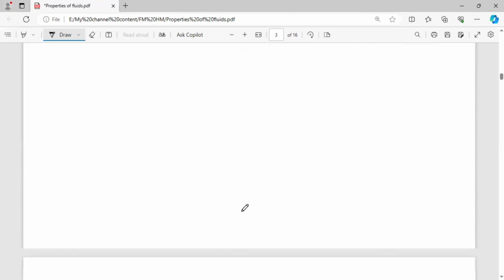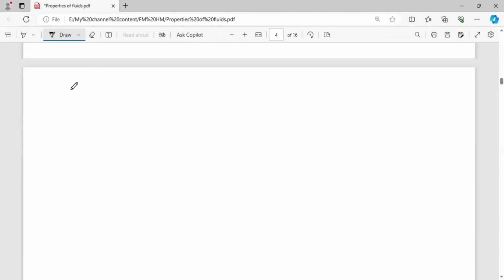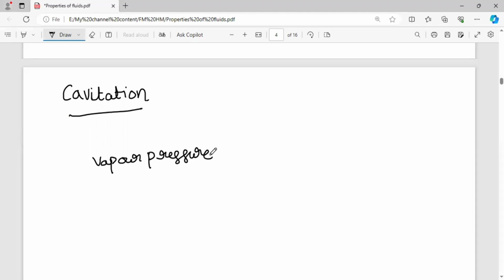Okay. Next, another property. The last property is cavitation. Before explaining cavitation, you should know about one parameter, that is vapor pressure. Vapor pressure means, suppose you consider liquid water and increase its temperature, the water will be converted into vapor. At some temperature, the water converts from water to vapor.